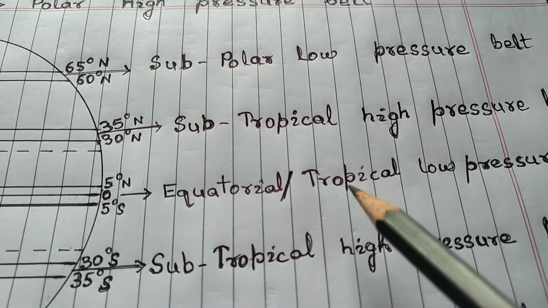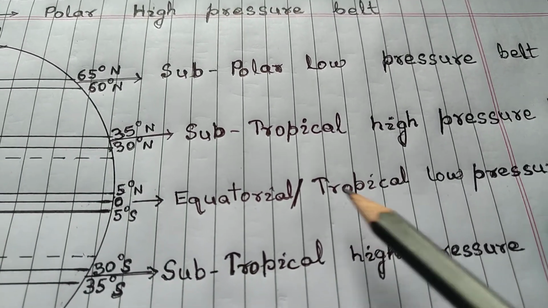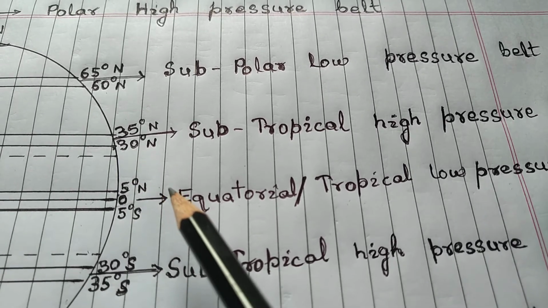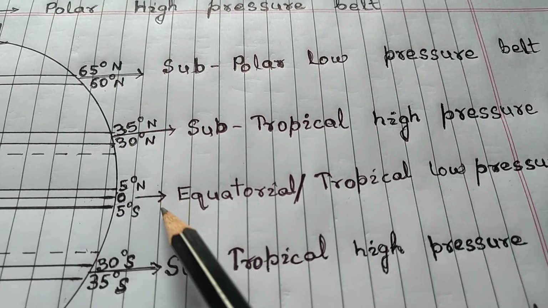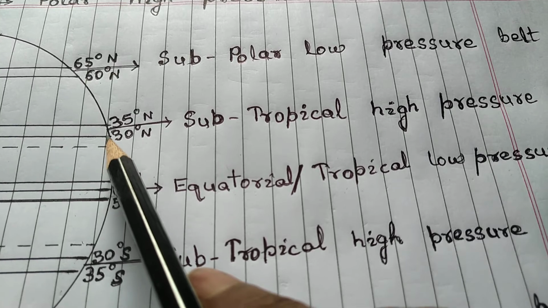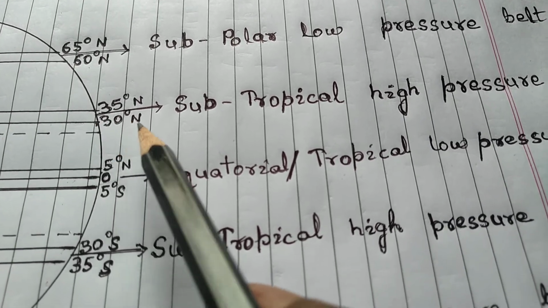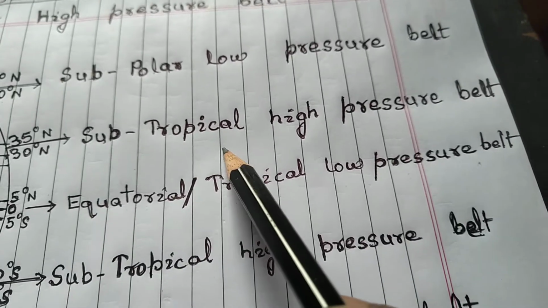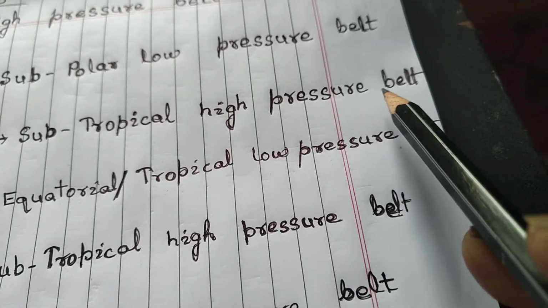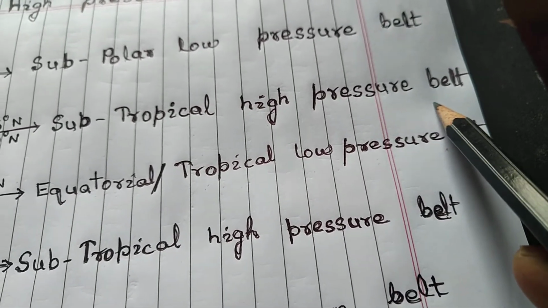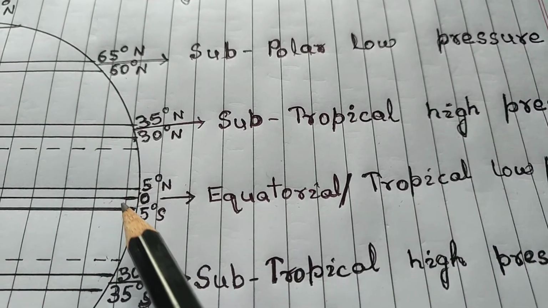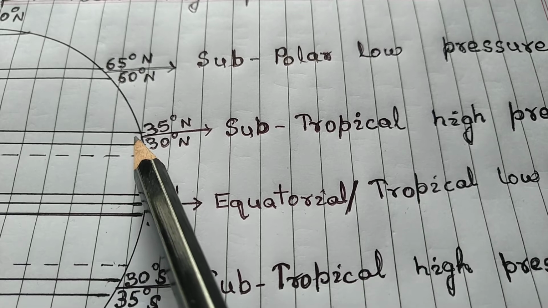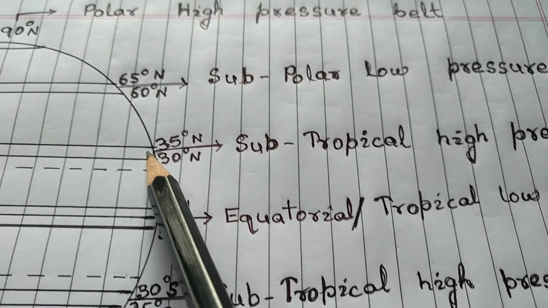So, this is the tropical region. Next to the tropical, we are comparing with the tropical, the subtropical. So, we will see that it will be named as subtropical high pressure belt because in comparison with the equatorial region, the subtropical region will receive less temperature.